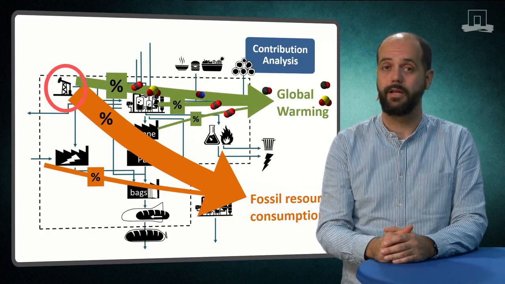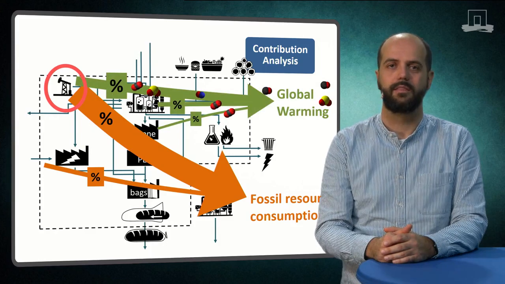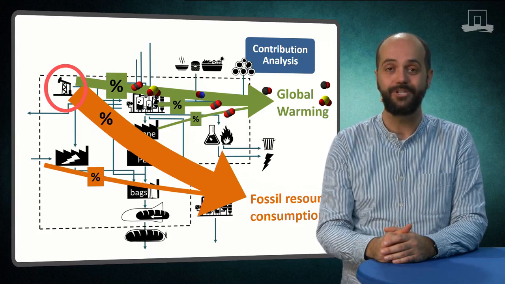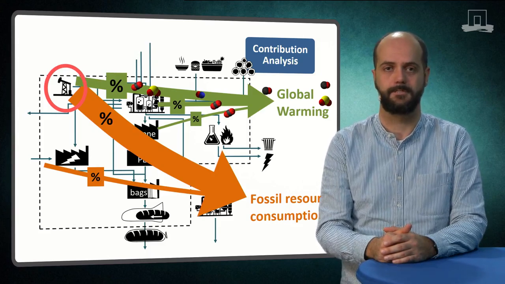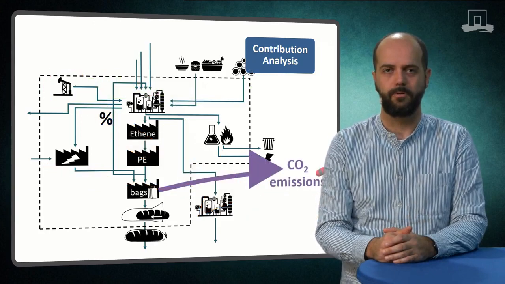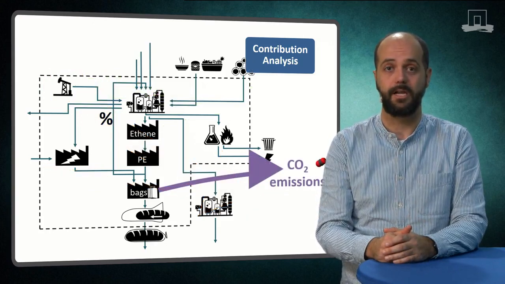When applying contribution analysis to unit processes, it is important to be aware that the contribution percentage of each unit process only reflects the elementary flows to and from the specific unit process and do not include the elementary flows to and from upstream processes. So for example, we may discover that the bread bag manufacturing unit process contributes very little to CO2 emissions.